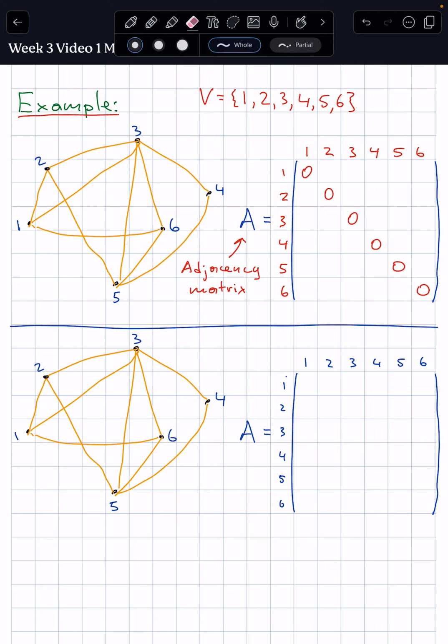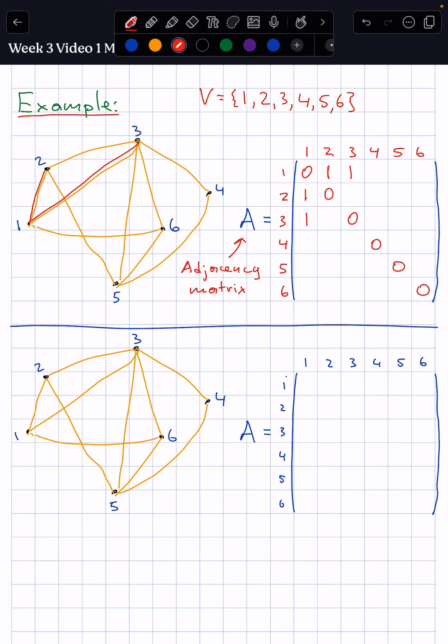So say 1 and 2 are connected, so we put 1 there, and this is going to be symmetric. 1 is connected to 2, 2 is connected to 1, so this is this edge. So we put 1 there. Then 1 is also connected to 3, so we put 1s there as well.